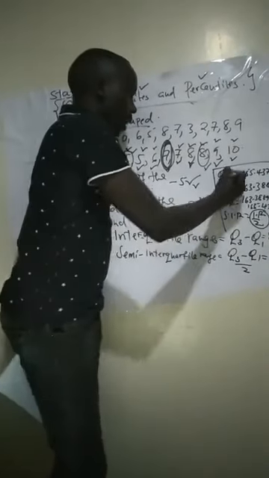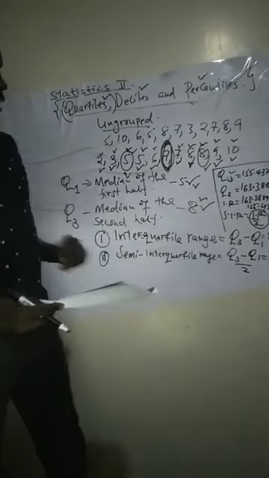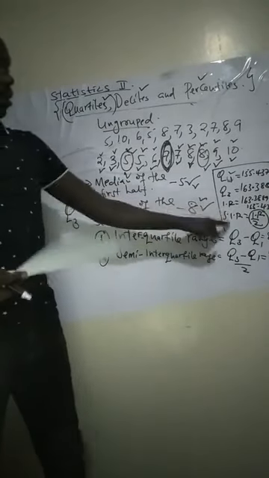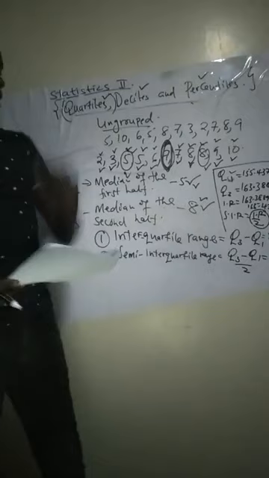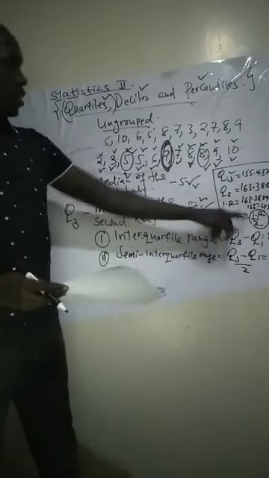I'll expect you to find the upper quartile, the lower quartile, then subtract the two, then you divide by 2. So I'll give you find the semi-interquartile range, 4 marks. So find the lower, find the upper, subtract, then divide by 2.